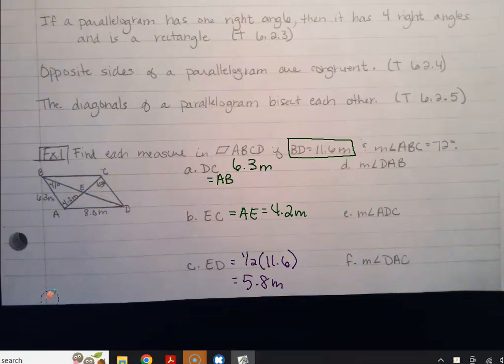All right, so now we're going to get into the angle measurements. What's the measure of angle DAB? Whoops, let me get my pen back here. Is it 72 as well?